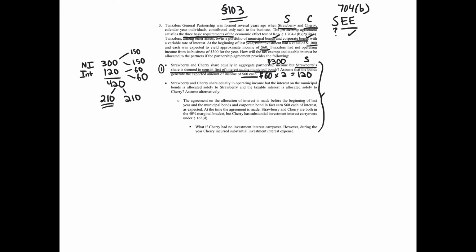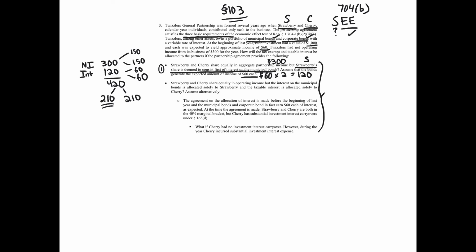Strawberry's share of interest is first going to come out of the municipal bonds, and then whatever of corporate bonds to make that up. But it just so happens in this problem that both are equal to $60. So we're just going to break up the two between Strawberry and Cherry. Strawberry's going to take the $60 of municipal bond interest. Cherry gets the $60 of corporate bond interest because that's what the partnership agreement states.